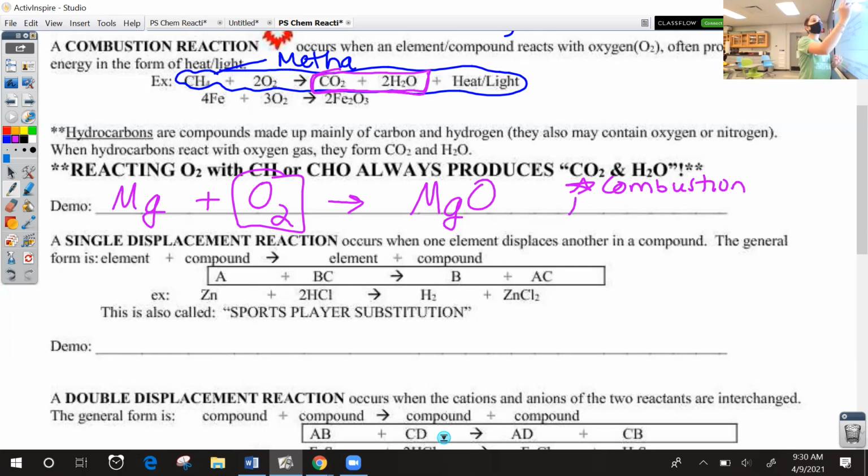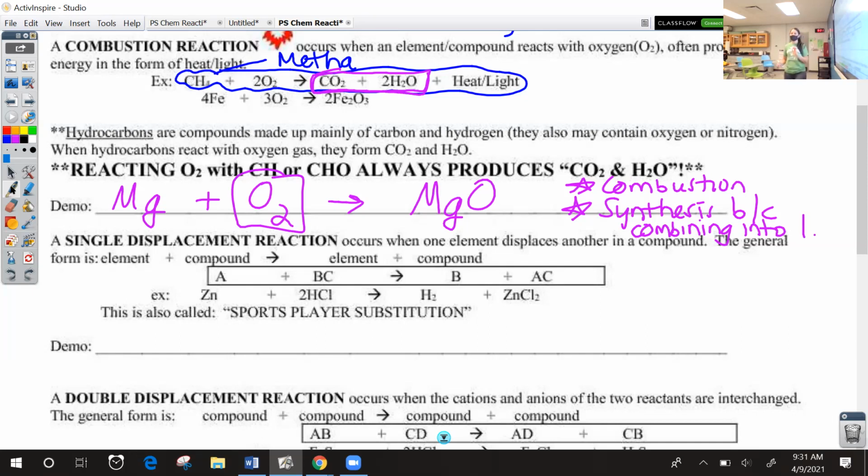But this is also synthesis or combination, because I'm taking two things and combining them into one substance. So even though it's combustion, if it was a quiz question, you could put synthesis or combustion for something like this. You'll get the answer right, okay?